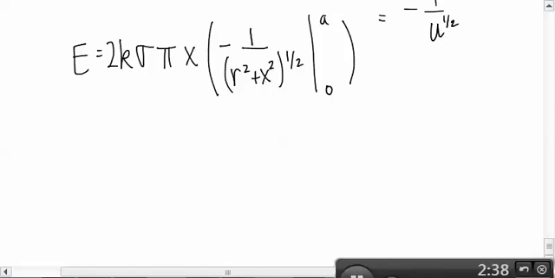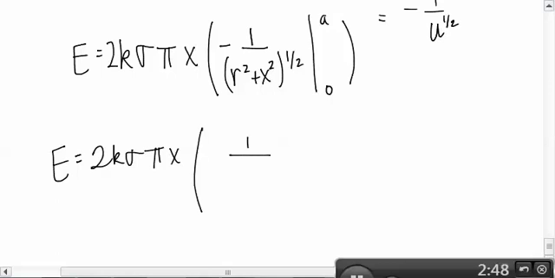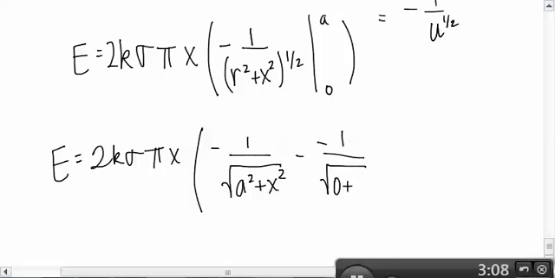So now we evaluate. So could I write this as 1 over the square root of a squared plus x squared minus negative 1 over the square root of 0 plus x squared?